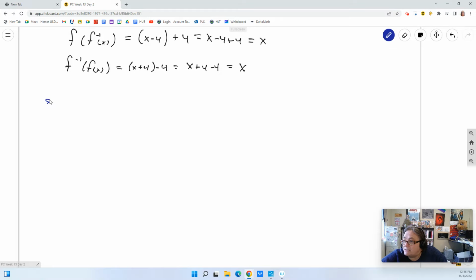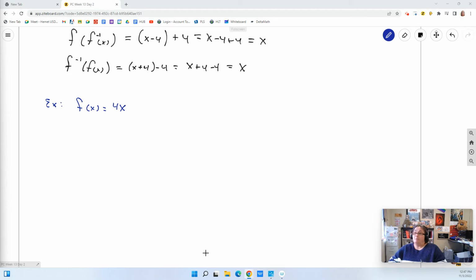So say I have, for example, an f of x that equals 4x, and I want to figure out what the inverse is informally, but then I need to verify if I'm right.